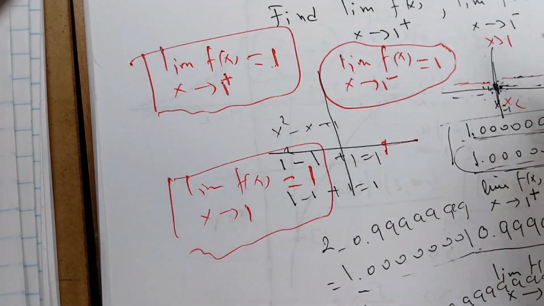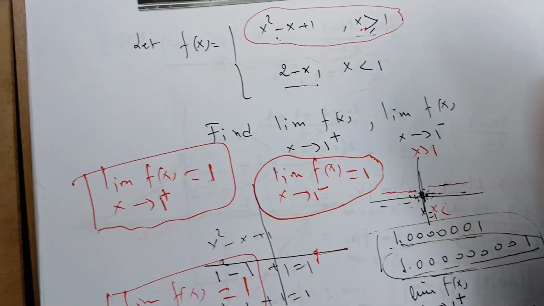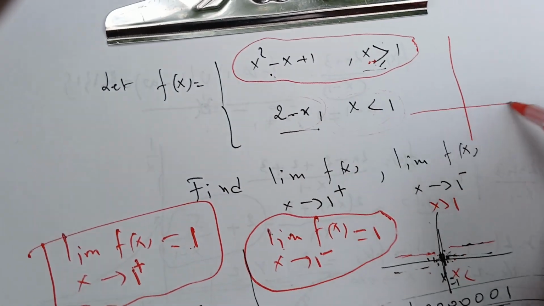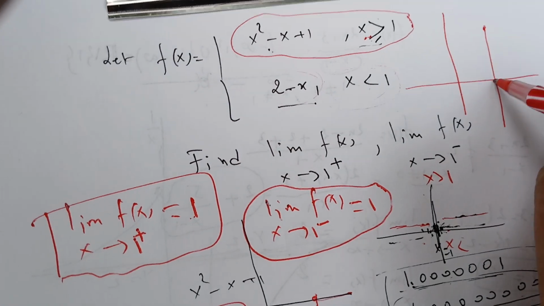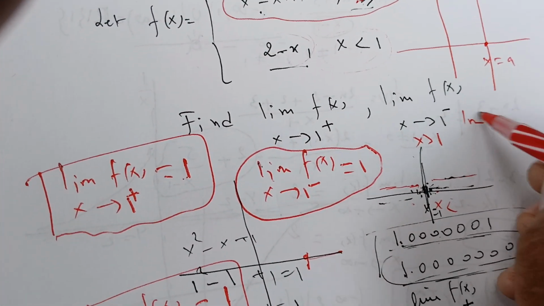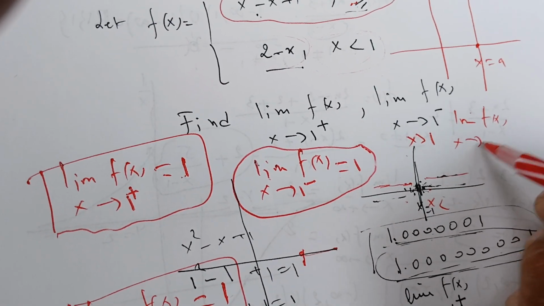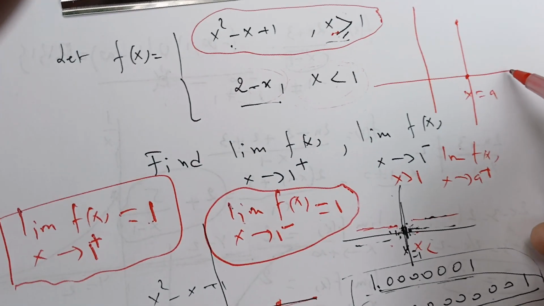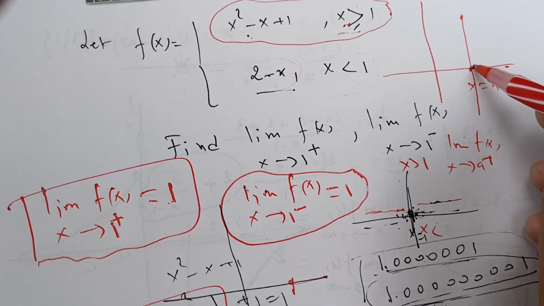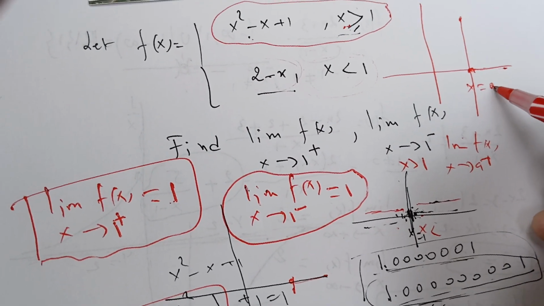Okay? So think of it this way. Getting from the right, let's do not 1, let's do a. So let's say I want to evaluate x equals a. The limit of f of x as x goes to a plus. So I'm going to a from the right. I'm getting close to a, but from the right.